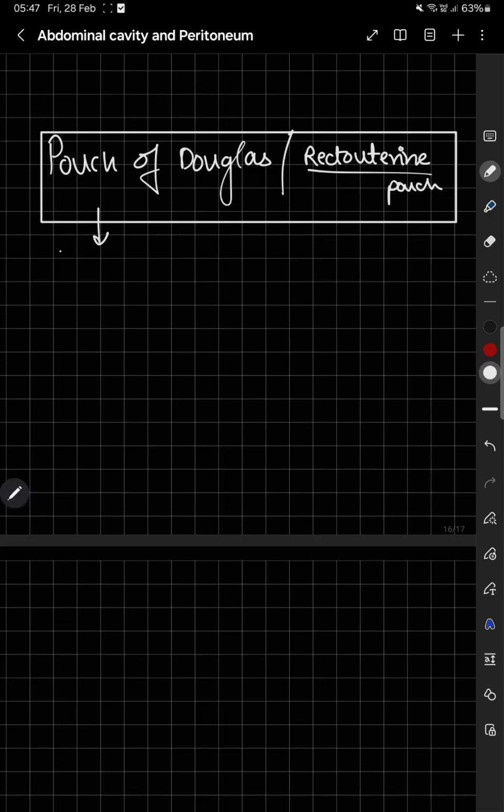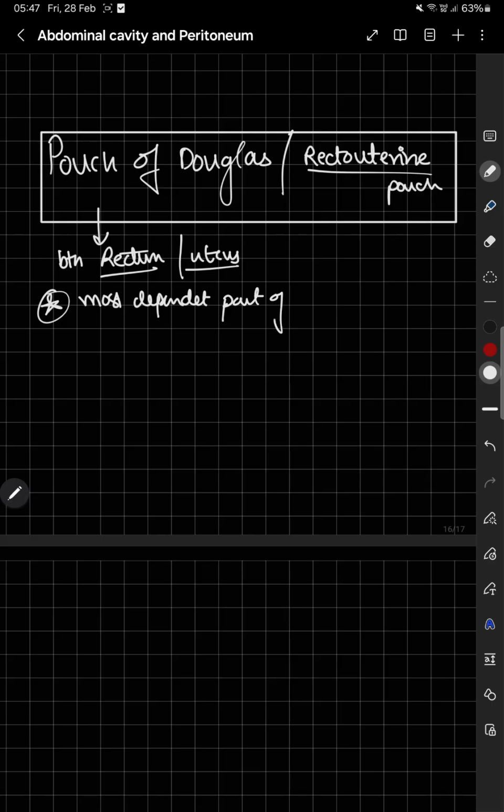So this is basically present between our rectum and uterus. So this is the pouch between rectum and uterus in the pelvic cavity, and it's the most dependent part of pelvic cavity below the pelvic brim.